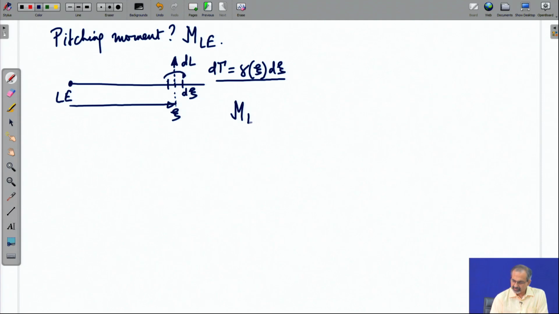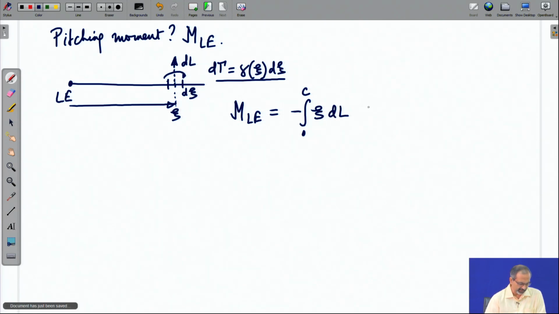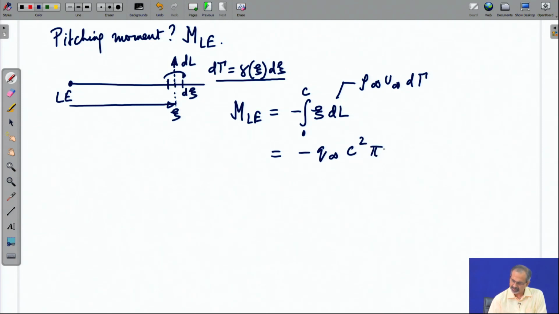So, in order to get the moment about the leading edge, you have to integrate the entire distribution. So, xi dl, all such contributions have to be integrated, and understanding that this is rho infinity u infinity times d gamma, you will find that the result comes out to be q infinity c square pi alpha by 2. This is the dynamic pressure. So, this is the expression for the moment about the leading edge.